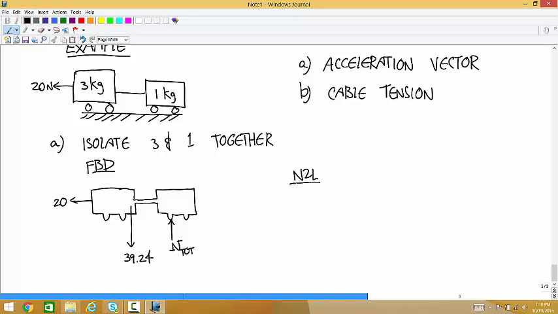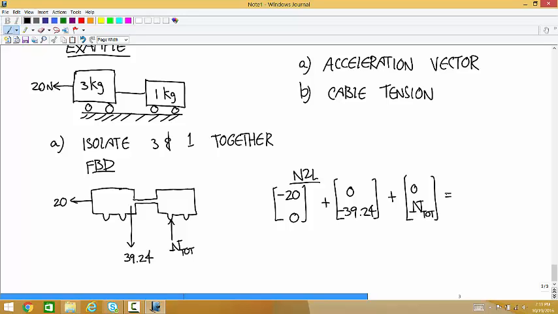So Newton's second law says that 20 is in the negative x direction, so negative 20, 0. 39.24 is in the negative y. N total is in the positive y. And this is equal to the mass, 4, times the acceleration that can only happen horizontally, so that's a 0.